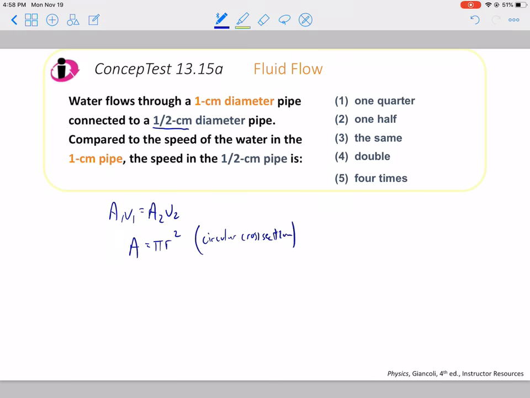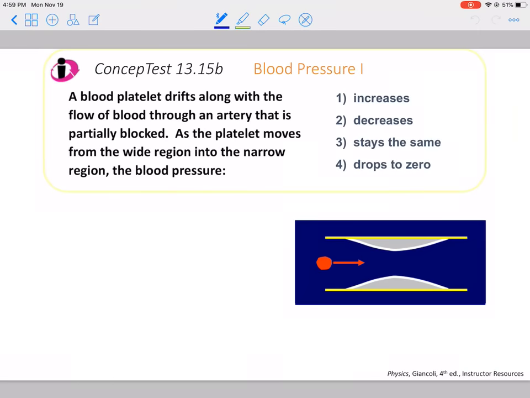If I have the diameter, I also have the radius, and that gets squared. So I have r over 2, which is squared, which is r squared over 4. So the area is cut by 1/4. And if the area gets cut by 1/4, then the velocity has to be 4 times larger.